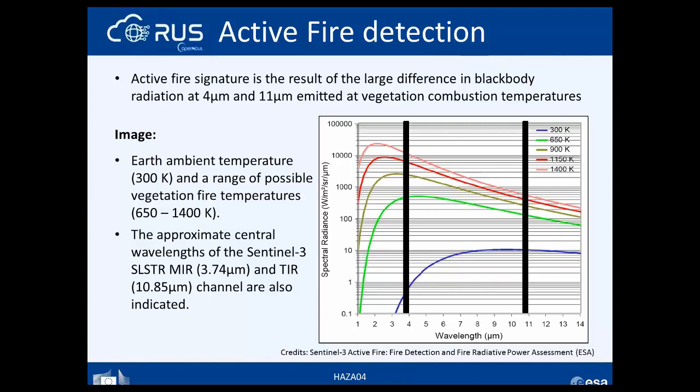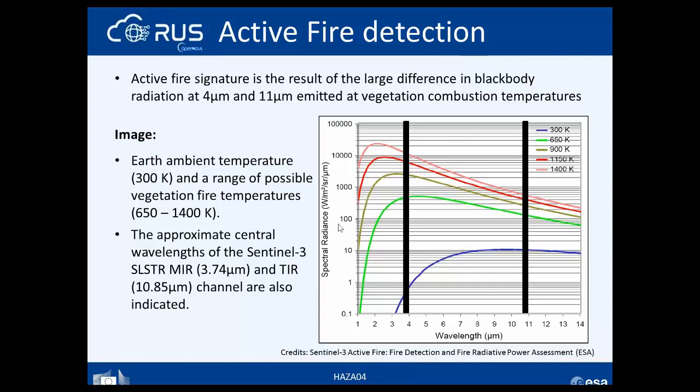However, even a sub-pixel hotspot can significantly influence the response of the pixel. And this approach exploits the different responses of the middle infrared, approximately around 4 micrometers, and the thermal infrared, approximately around 11 micrometers in wavelength, to hot subpixel targets.